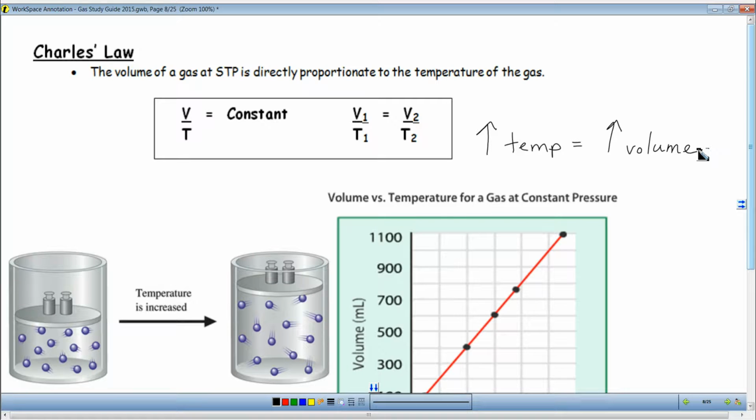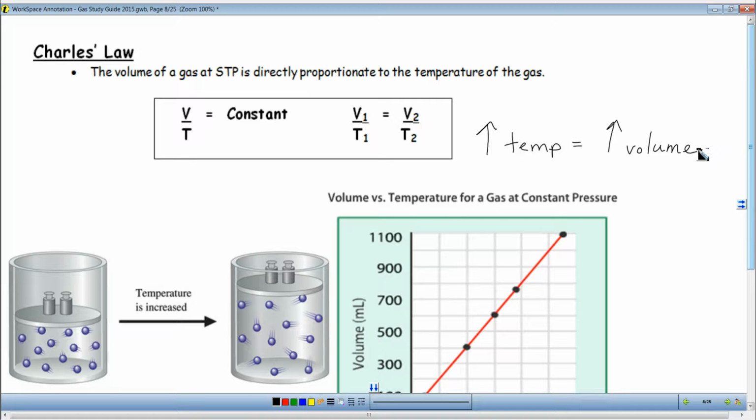In a directly proportional relationship, both variables change proportionate to each other. If I increase the temperature, I increase the volume. Opposite of Boyle's law, which was an indirect or inversely proportional relationship. If I increase the pressure, I decrease the volume, or vice versa.